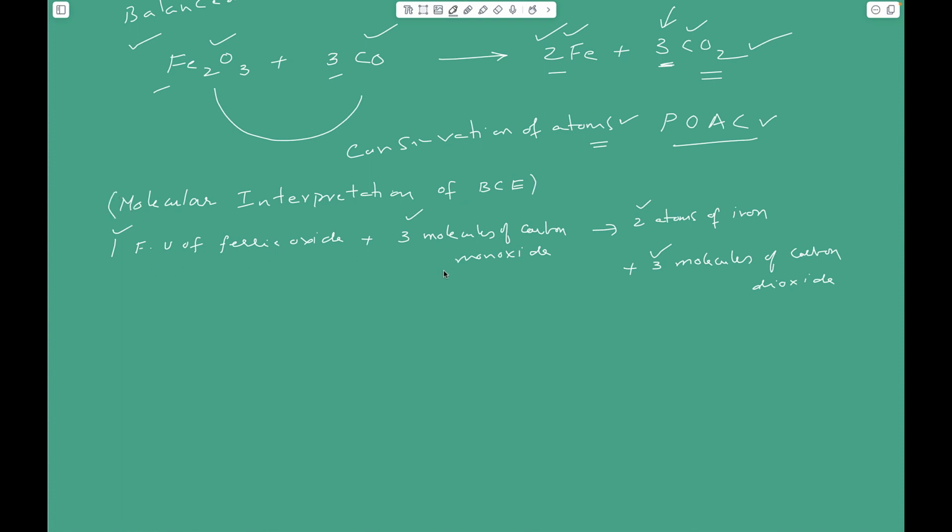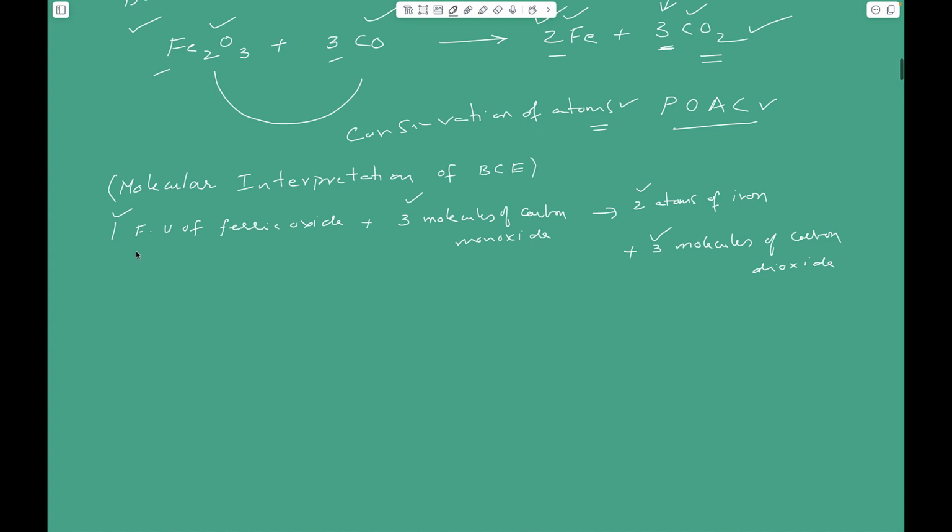Now this does not mean that every time you want to carry out this reaction you have to take only 1 formula unit of ferric oxide and 3 molecules of carbon monoxide. That does not make sense. Then what do these coefficients mean? These coefficients give us the ratio or the relative number of chemical units of each substance involved in the chemical reaction.